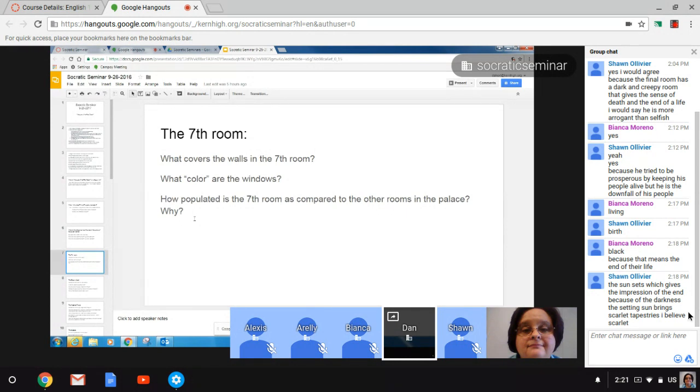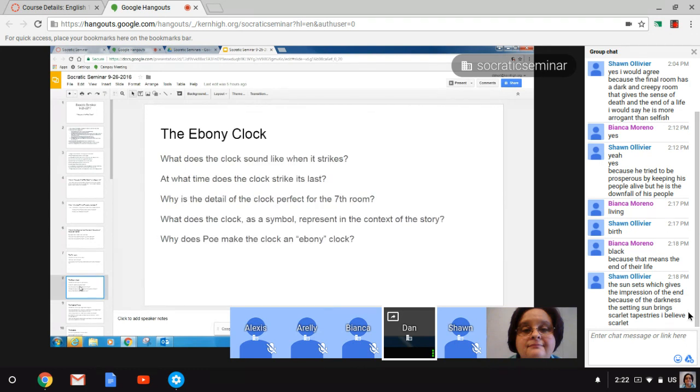Now, the seventh room is very sparsely populated. There are very few people in it as compared to the other rooms in the palace, and probably that's because it's so dank, dark, and creepy. Okay, the ebony clock.